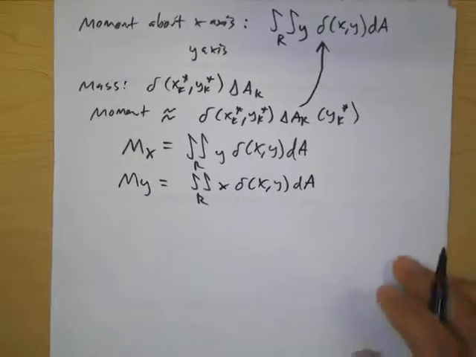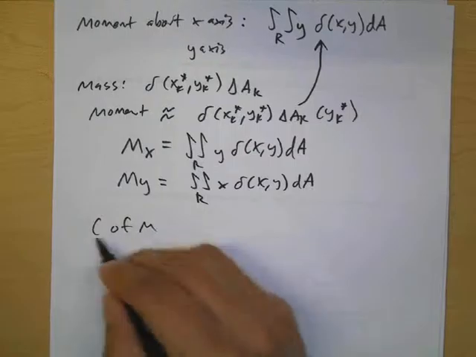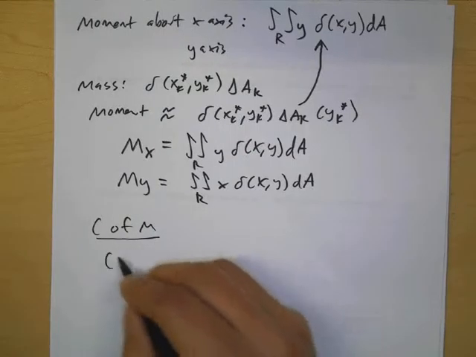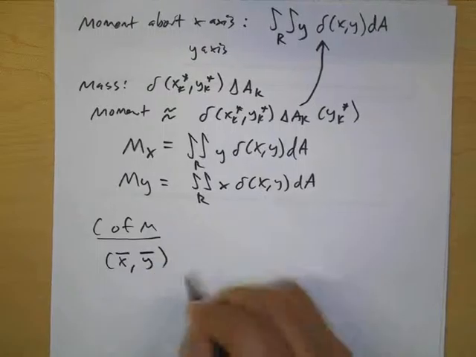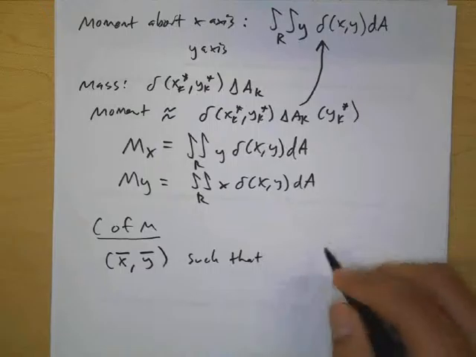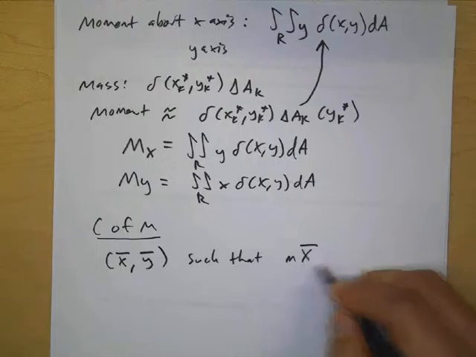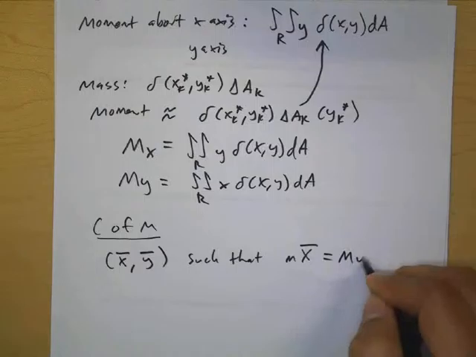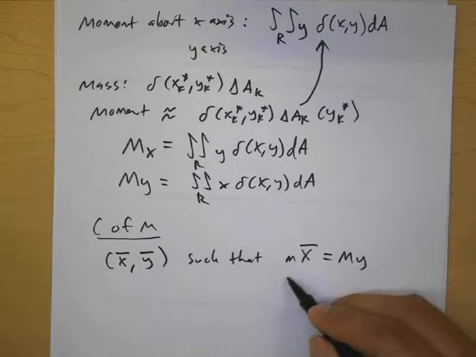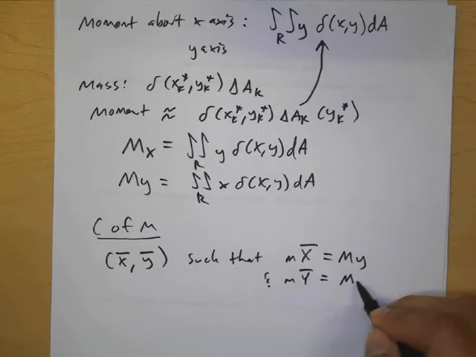Okay. So now, for center of mass, we want an x coordinate and a y coordinate. I'll call it x bar and y bar, such that mass times x bar will be the moment about the y-axis, and mass times y bar would be the moment about the x-axis.